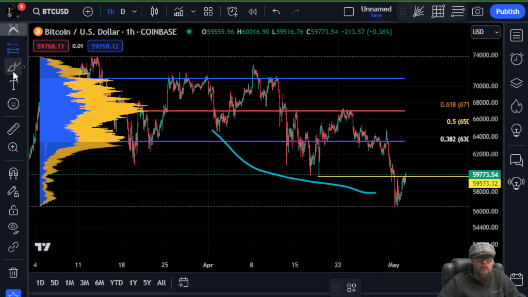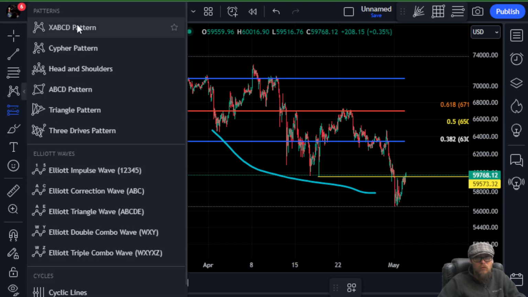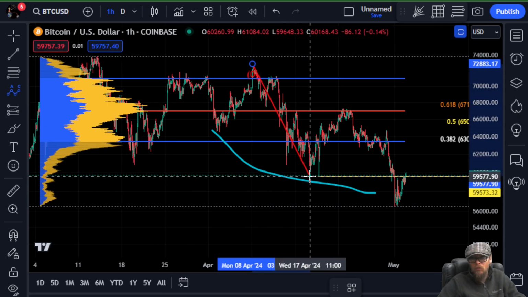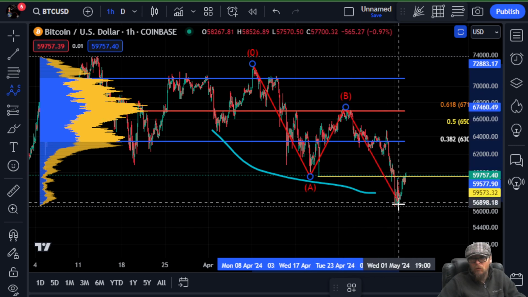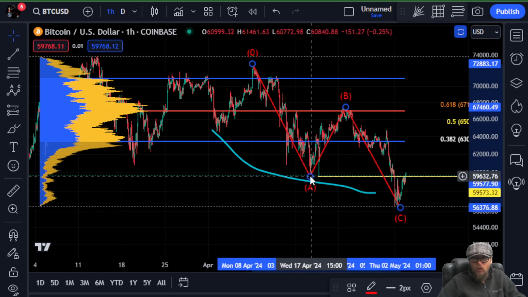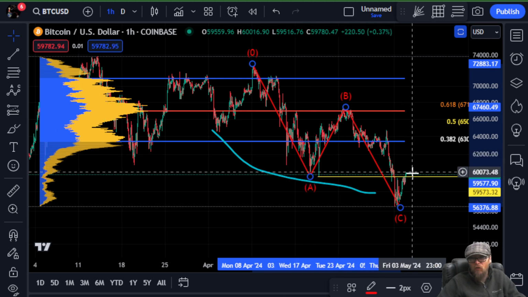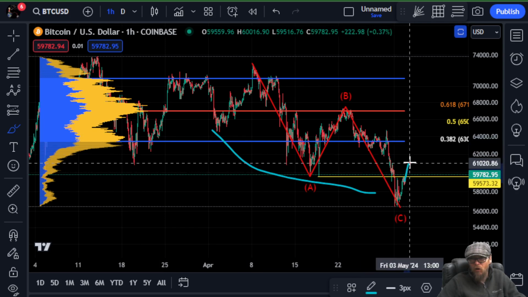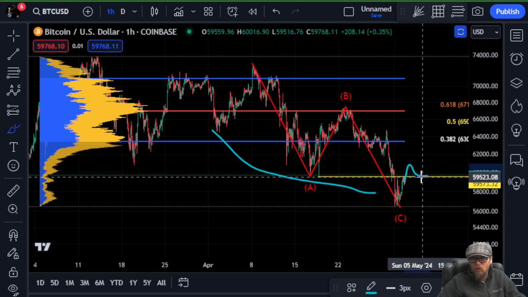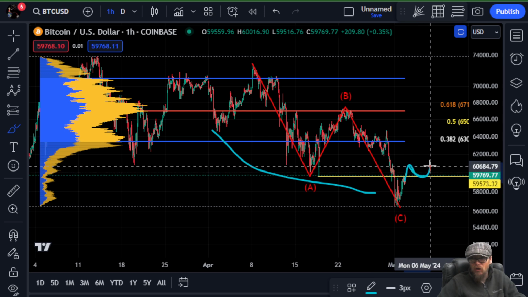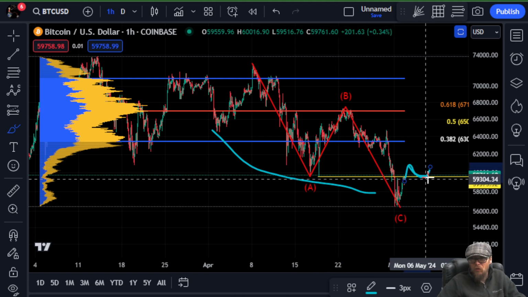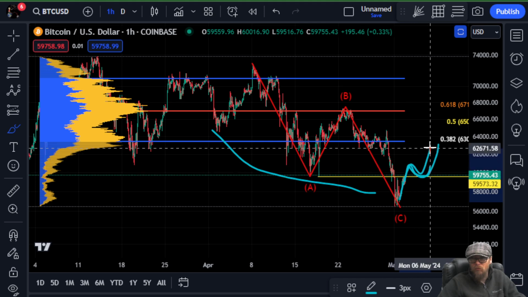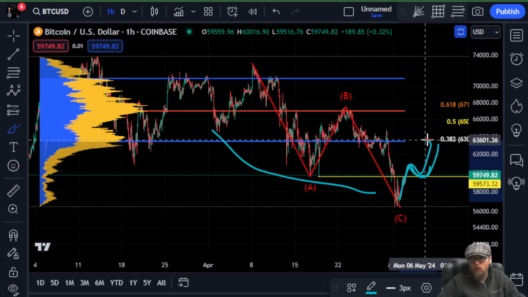Let's see here. There we go. Here's our A, here's our B, and here's our C. So if we can cross this level, we would be looking to see something like this, how we've already crossed it, and this to trend back into it and exhaust above it, looking for this larger move to the upside, probably to this value area low.